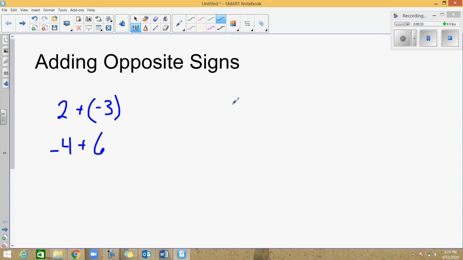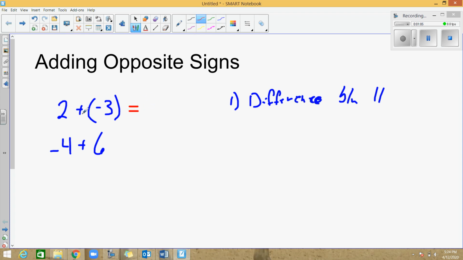Two rules here. One, if you remember, when we were adding the same sign, we had that thing called the absolute value, which was the distance from 0. We're going to use that again. Only when we're adding opposite signs, we find the difference between their absolute values.